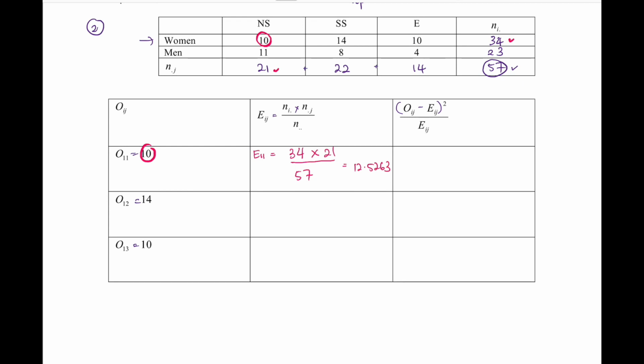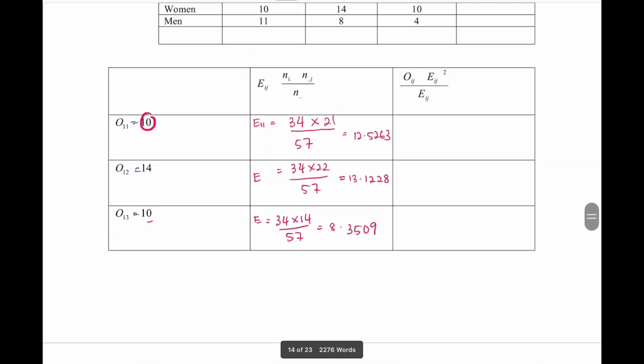Okay, next, E for 14. 14 is located at row 1, column 2. Row 1, 34, times column 2, 22, over total 57. So you will get 13.1228. Okay, next, how about 10? 10 is located at row 1, column 3. So E is equal to 34 times 14 divided by 57. You get 8.3509.